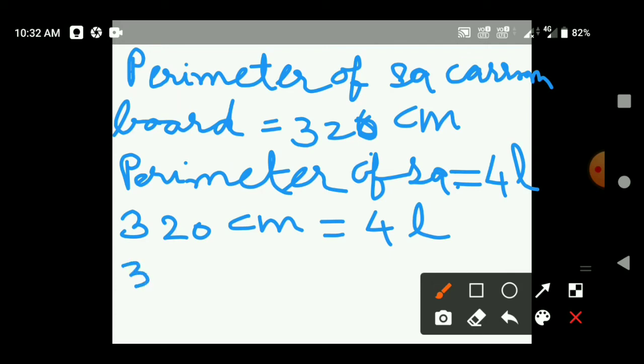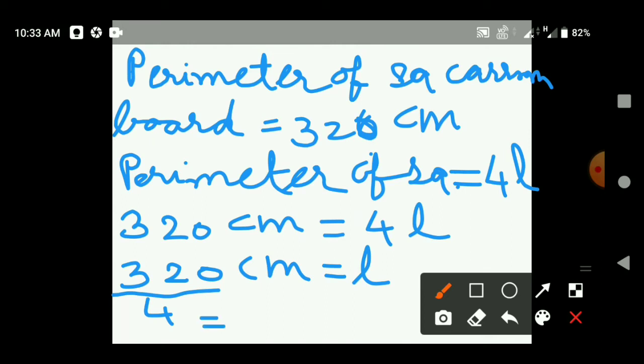Here 320 centimeter, and here 4 will interchange to the left side. So 320 divided by 4 is equal to length. So 4 8s are 32.